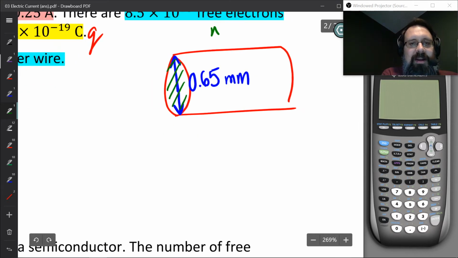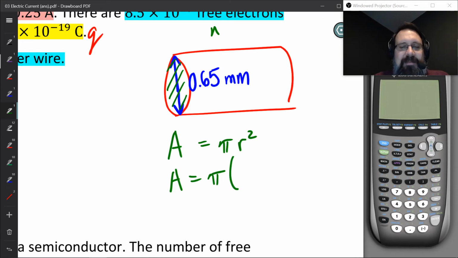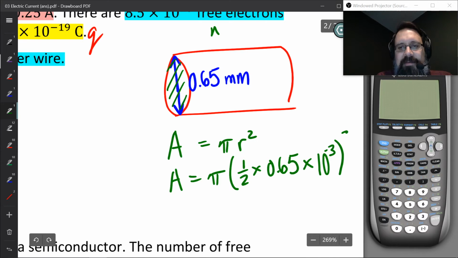All right, so the area is equal to pi r squared. So the area of our wire is going to be pi times the radius. The way you find the radius is by taking half the diameter. So if I take half of 0.65, and then I don't want to write this in millimeters, I want to write it in meters so that the numbers will work out. So it's going to be times 10 to the negative 3, and then I have to square that.